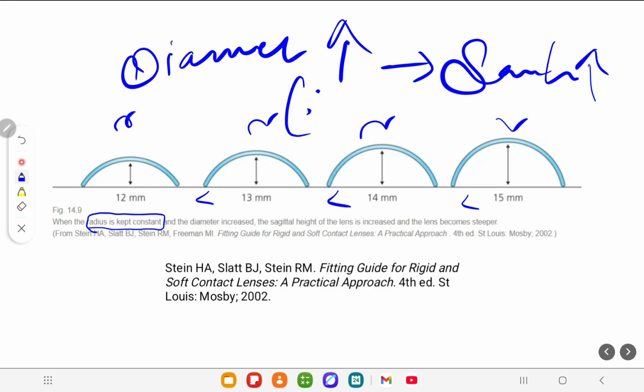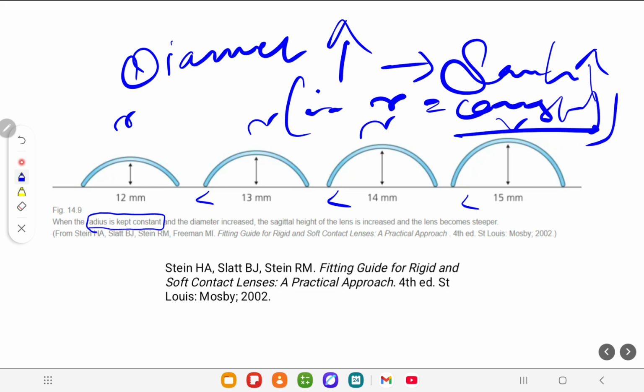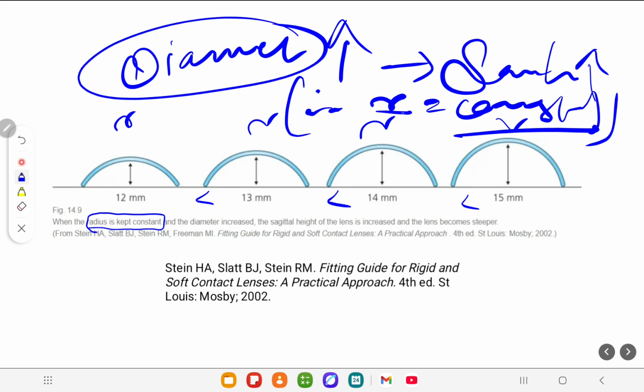We keep R constant. Previously we kept the diameter constant and changed the radius of curvature, and then looked at the sagittal height. Now we keep the radius of curvature constant, increase the diameter, and see what happens to the sagittal height. Why are we doing that?